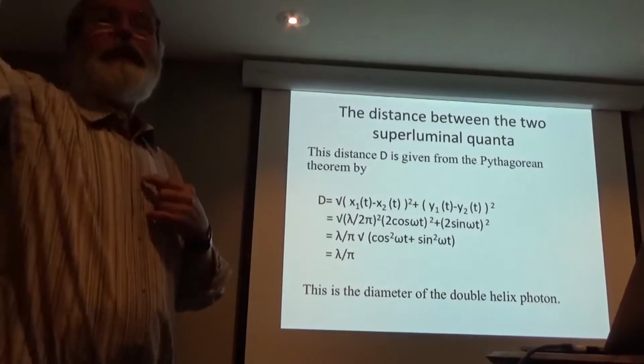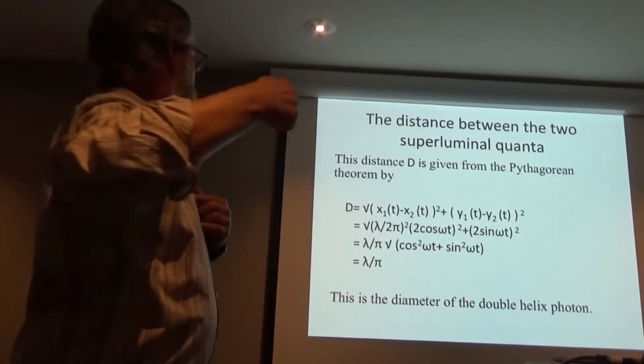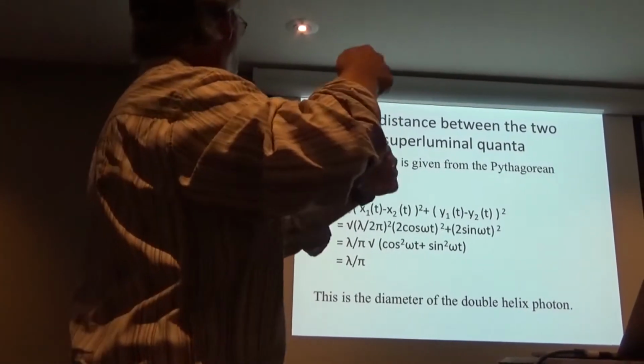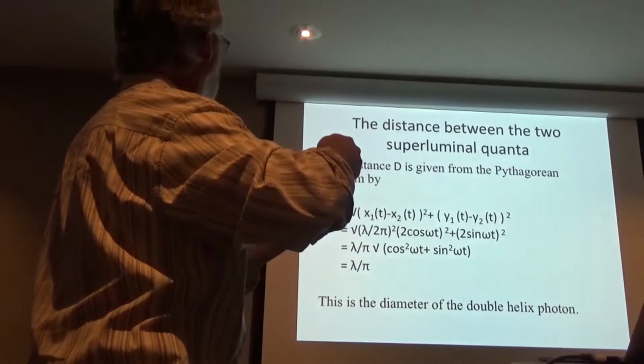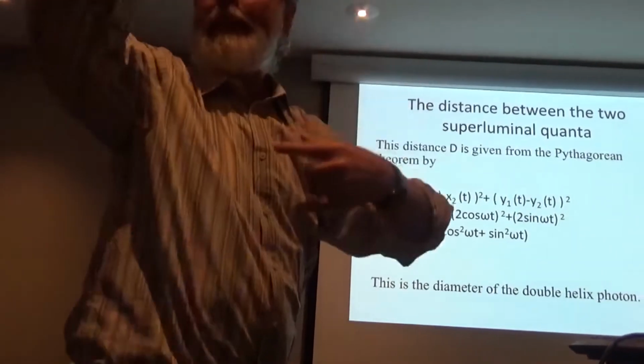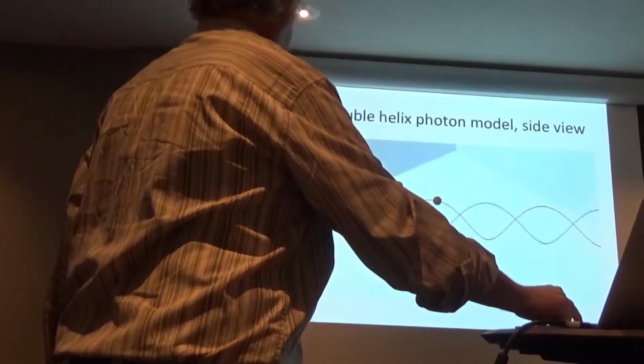The radius of each helix is lambda over 2 pi. But that's the radius, and the separation of the two is like the diameter of the helix, so that's twice as much, and that's why it's lambda over pi, the diameter of the helix.